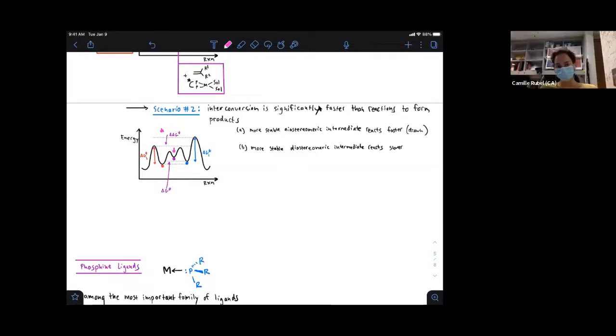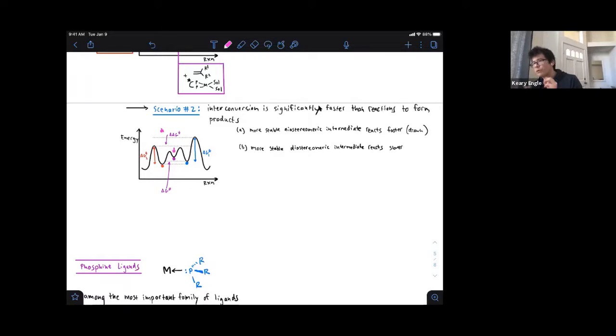So both scenarios are Curtin-Hammett? Yeah, this is a little bit complicated. As most rigorously defined, I think Curtin-Hammett can refer to a couple different subcategories of reaction.